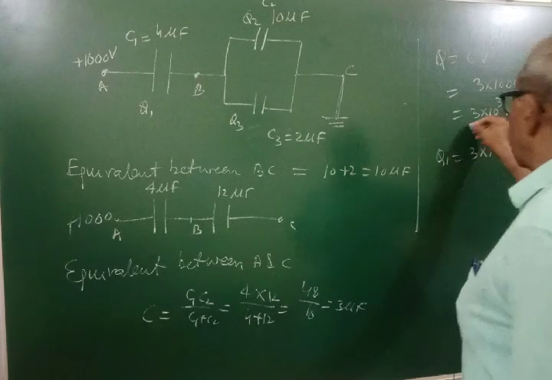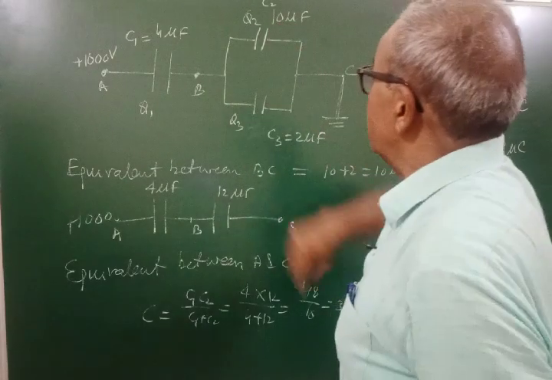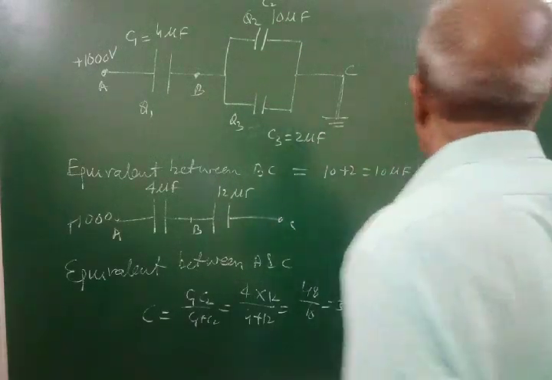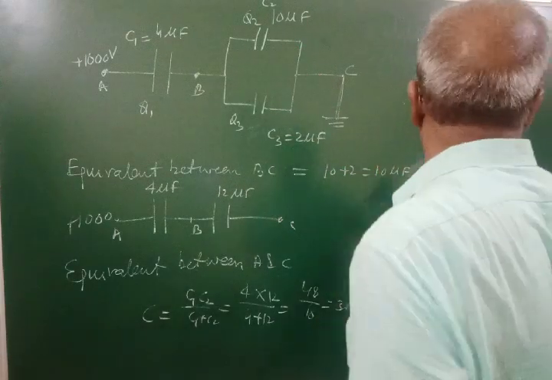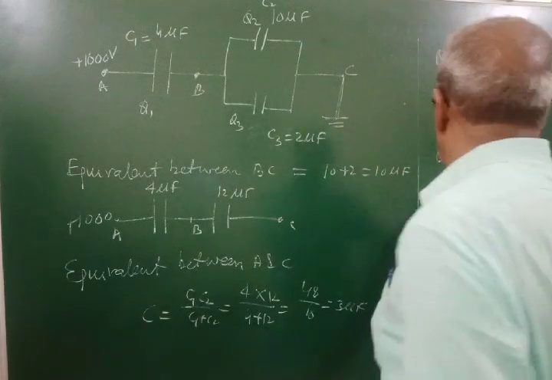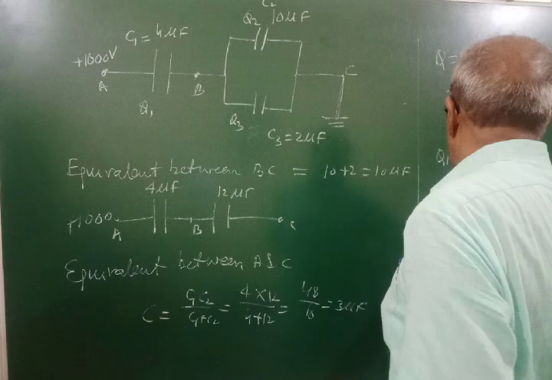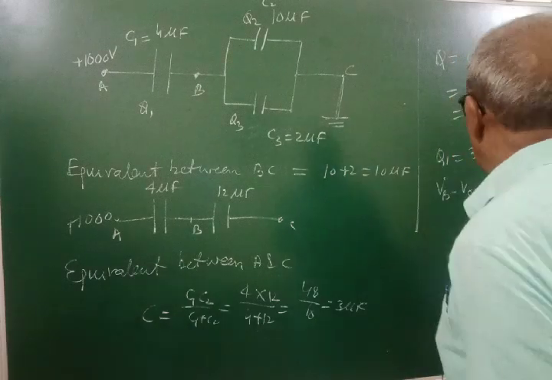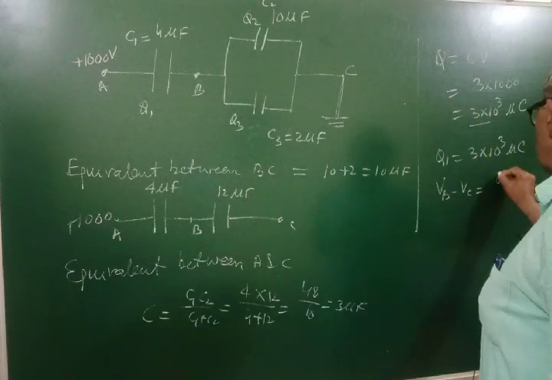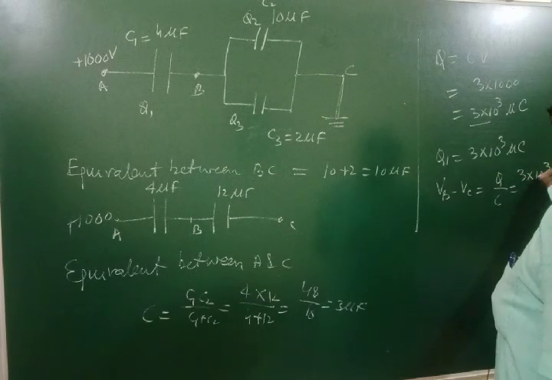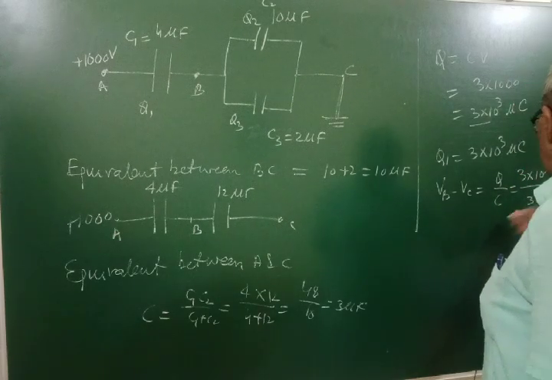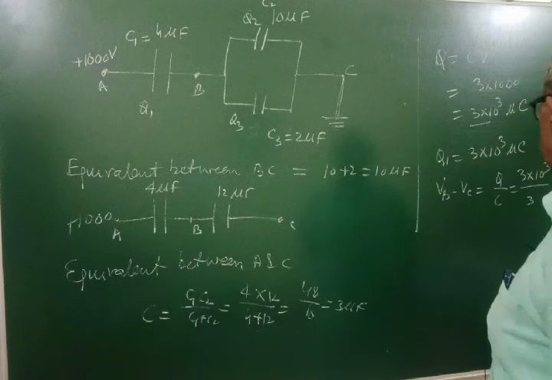But now this total charge here is distributed. So equivalent capacitance, charge 3 × 10³, potential difference VB minus VC equals Q by C. Something wrong?